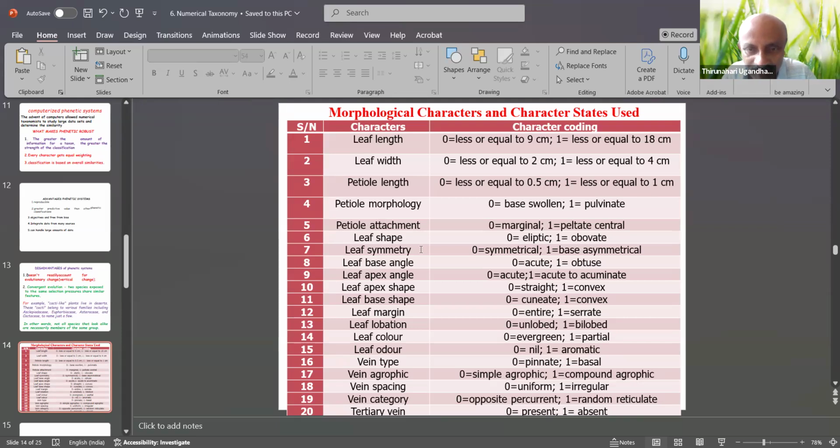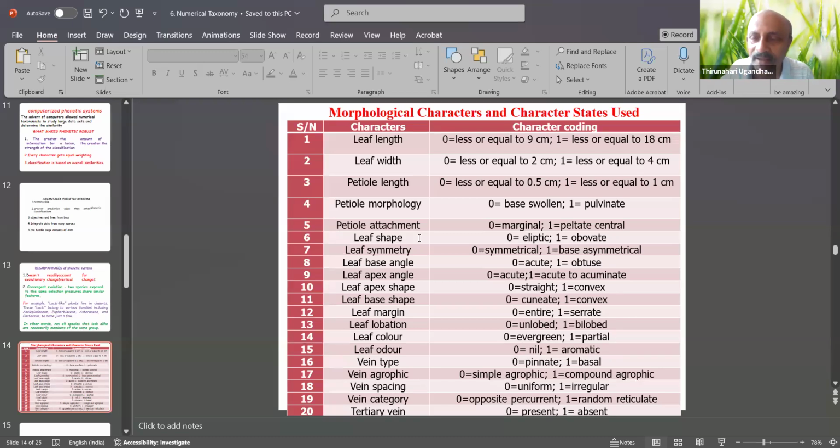Then petiole attachment, leaf shape, leaf symmetry, leaf base angles, leaf apex angles, leaf apex shape, leaf base shape, leaf lobation, leaf color, leaf odor, vein type, vein spacing, vein category, and maturity. These are 20 major characters in each part of the leaf, called morphological characters, which are used for classification.